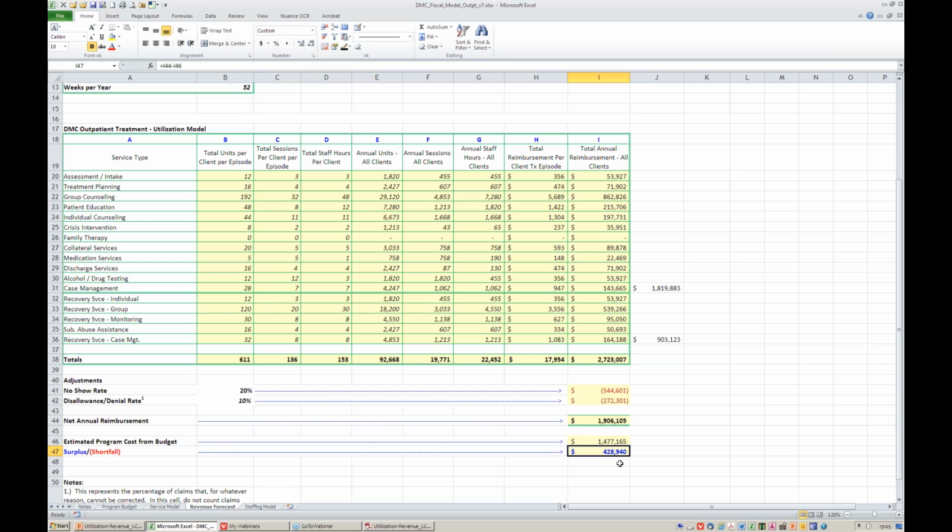Now, what that says are two different things. One is, are you showing your full cost in the budget? It was $1.47 million. Or does it say, well, we could hire another MFT because we have a lot of co-occurring disorder clients, or whatever.